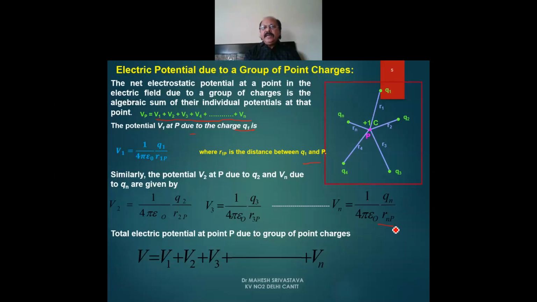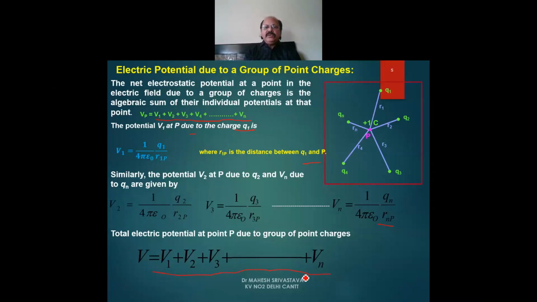Now as we say that the total electric potential at point P is the algebraic sum of individual potentials produced by individual charges, that's why V is equal to V1 plus V2 plus V3 plus Vn.